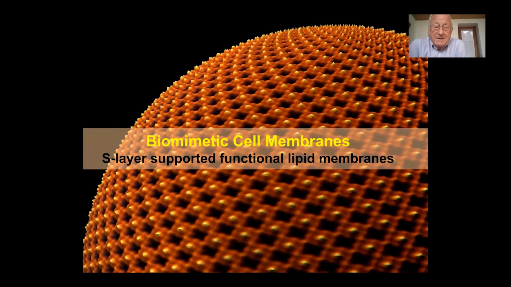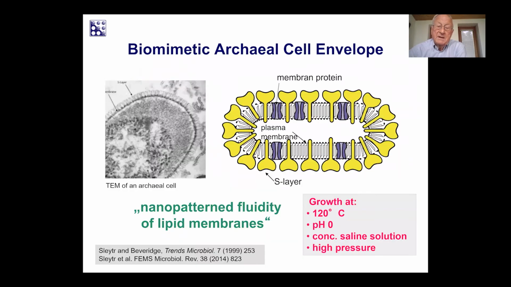I now extend this molecular construction kit by adding lipids into the system. So it's a biomimetic cell membrane, S-layer supported functional lipid membranes. At that point, I would like to start again with some basic information.